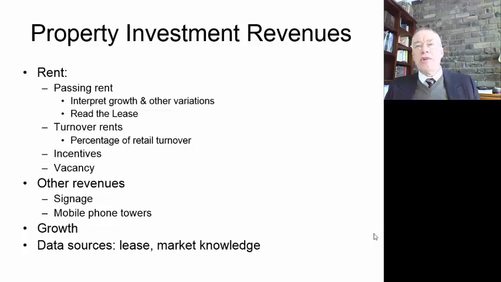The different revenues will follow different patterns of growth into the future. We've been using one generic growth term, which we're calling the property growth rate, and that can be fairly suitable for a lot of forecasting purposes.